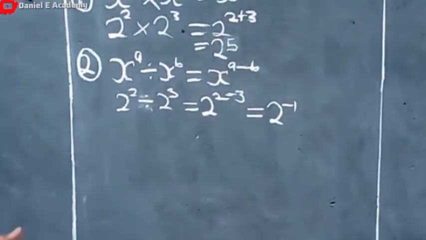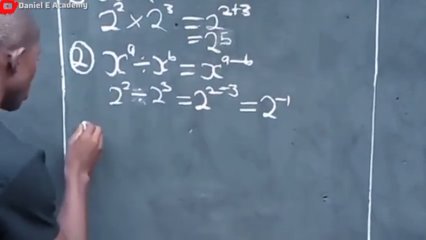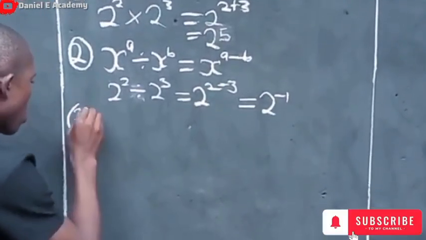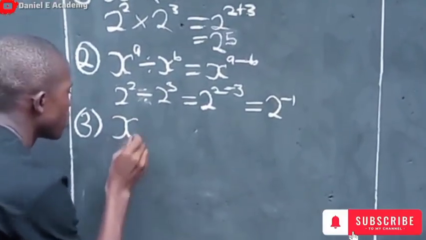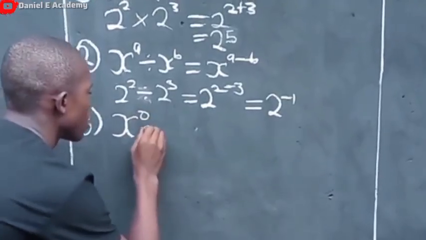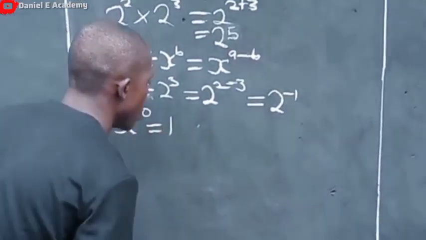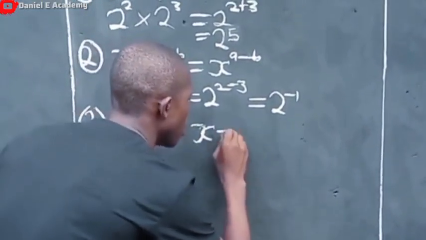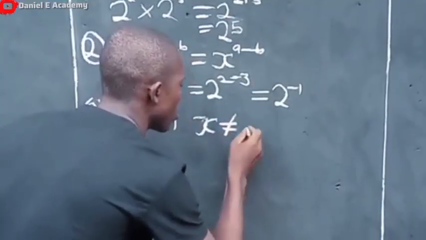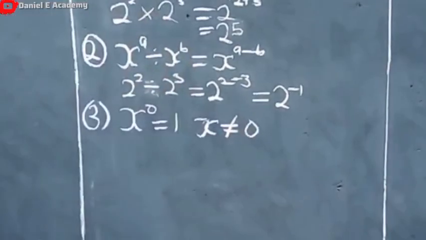So we can move to law 3. x power 0 equals 1, where x is not equal to 0.